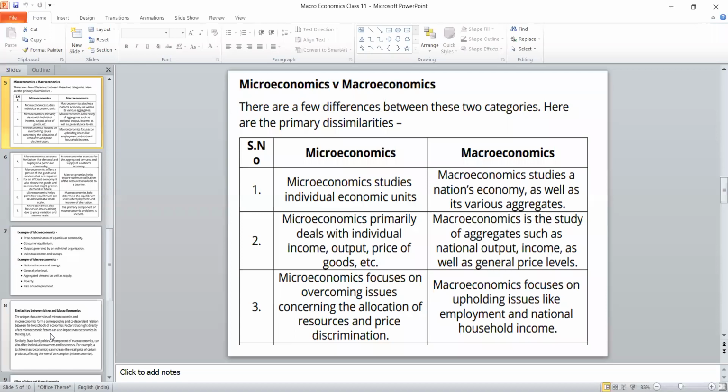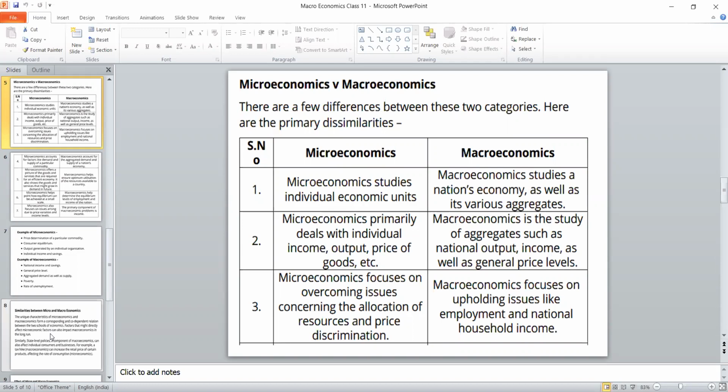But in the case of macro, we are not studying the individual product, we are talking about aggregate demand. We are not talking about individual output, we are talking about national output. We are not talking about individual income, we are talking about national income. We are not talking about the price of a particular product, we are talking about the general price, consumer price index, wholesale price index. All these things will be in macro.